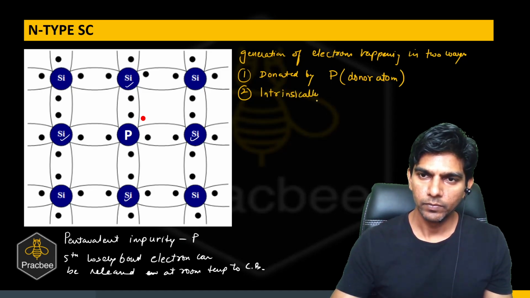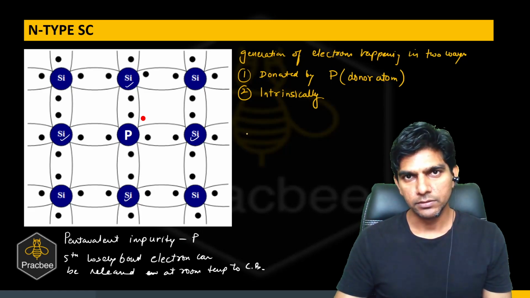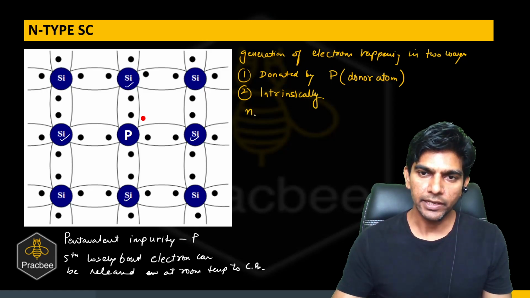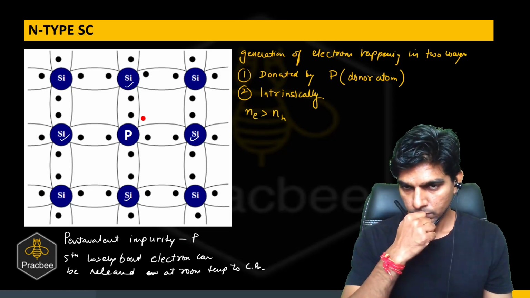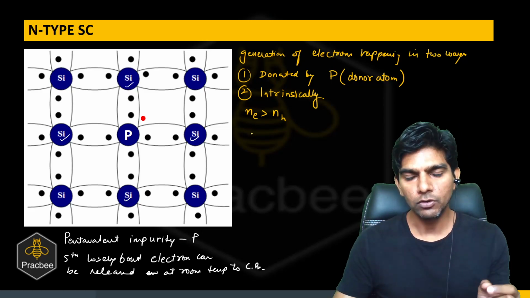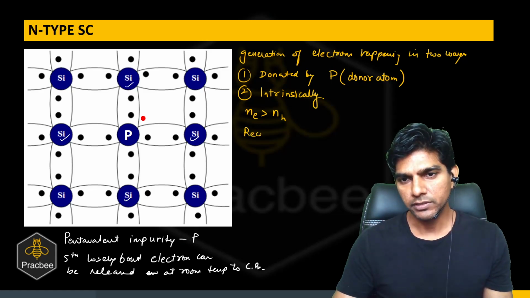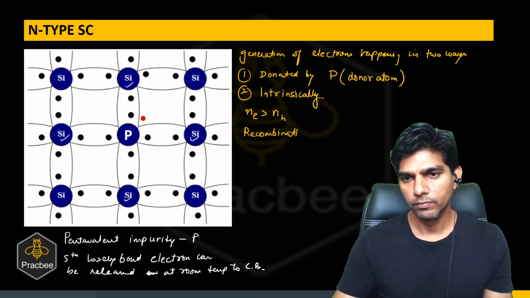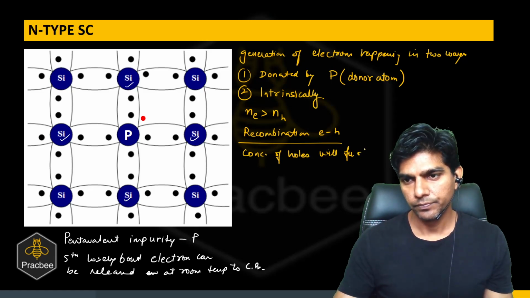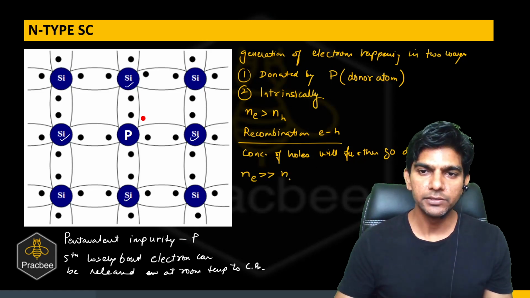Due to these two ways, the concentration of electrons will be very large in comparison to holes. So we can say Ne will be large in comparison to holes. And there is one more process happening, known as the recombination of electrons with holes. If we consider the recombination process, the concentration of holes will further go down. So the concentration of electrons will be very large in comparison to holes.